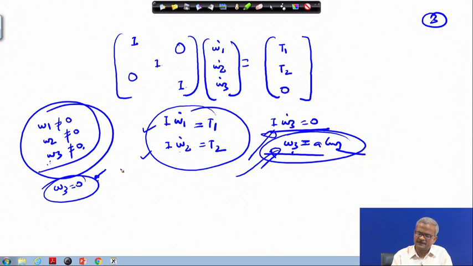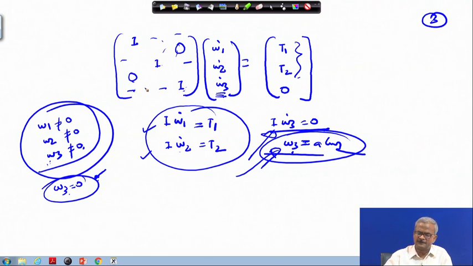But if there is coupling, means the off diagonal terms are there, then it is possible that using the 2 axis control you can get the desired result, means you will be able to affect this omega 3 also, but for that case you need to have all these components here.